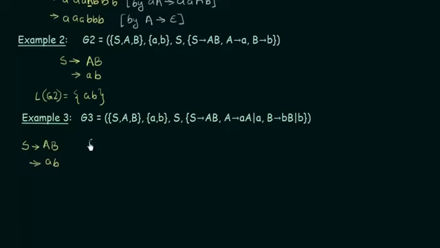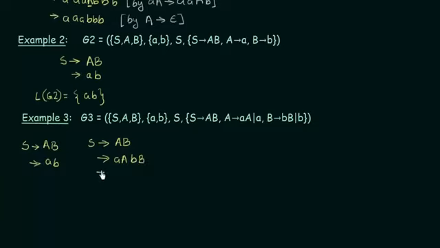Now let's see another string that can be formed. Starting with the start symbol again, S gives AB, and now let me look at A and I will choose this production which says A gives AA. So instead of this A, I'll write AA. And instead of B, I will write BB because B gives BB.